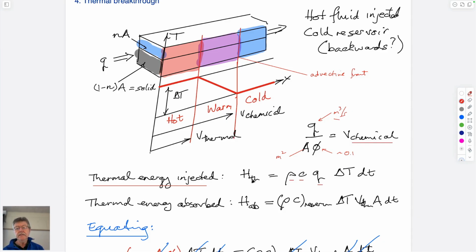So this is the amount of heat energy we put in per unit time if it goes in at 100 degrees centigrade and the reservoir is initially at 0 degrees centigrade. This would be 100 degrees.